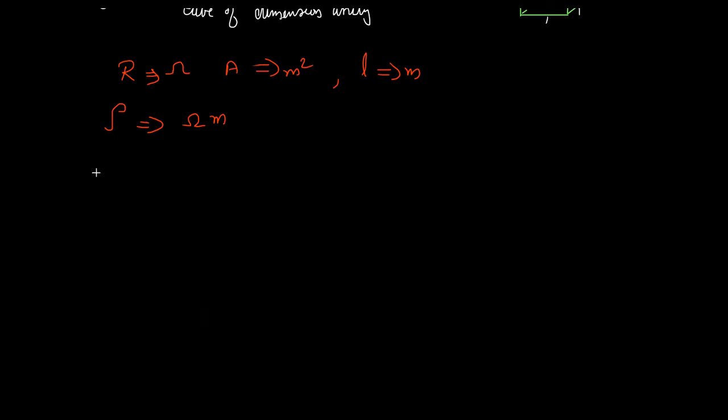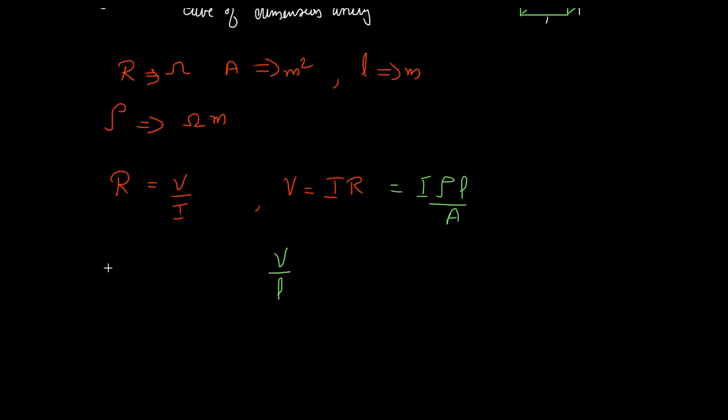Already we know R equal to V by I, or V equal to IR. We know R equal to rho L by A, so I into rho L by A. What is V by L?